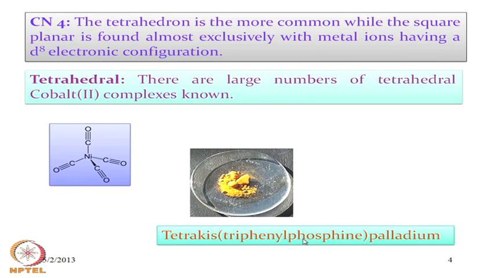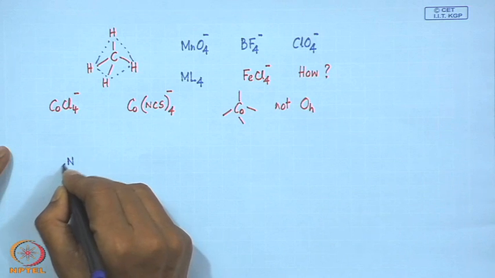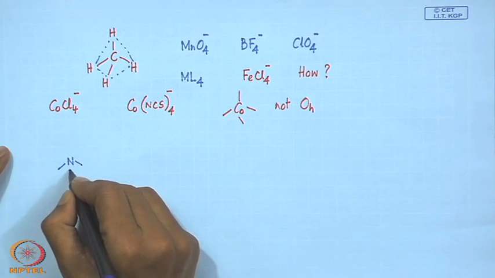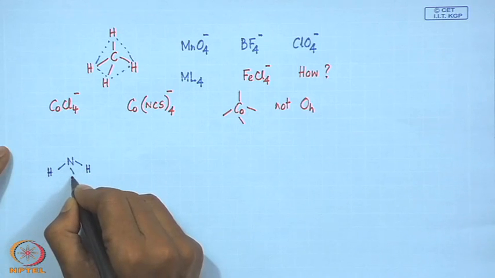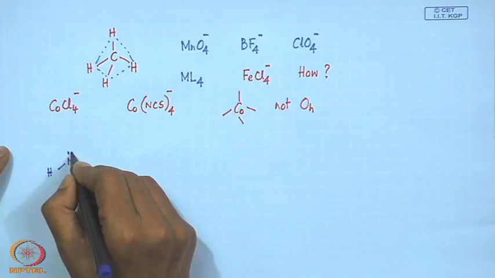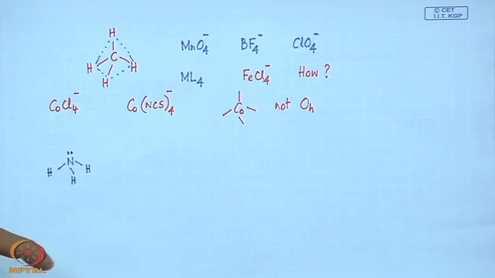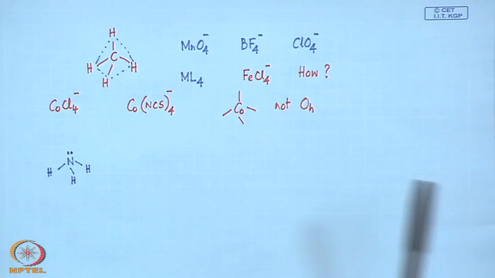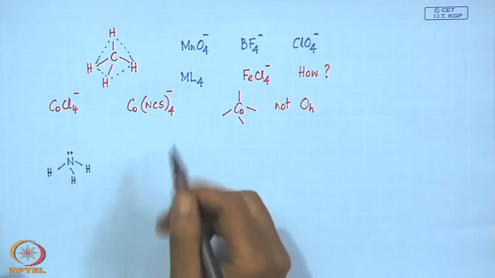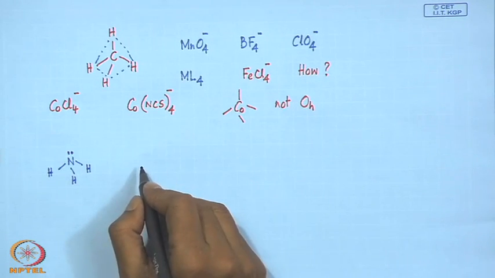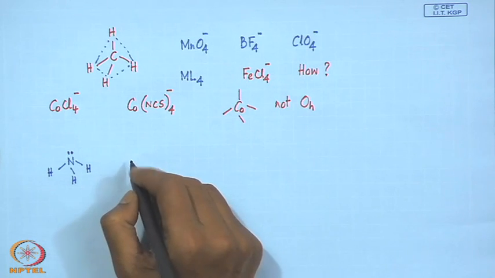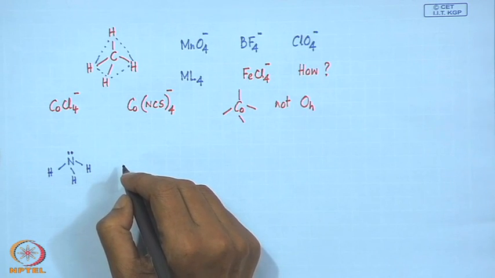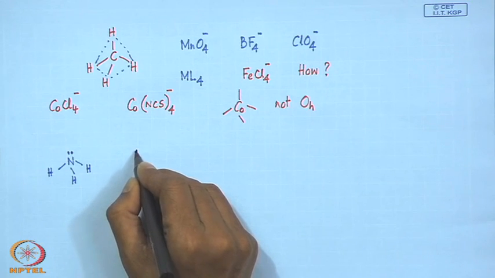So, like ammonia, we have the lone pair of electrons, and those lone pairs are useful to bind the metal centers, and we can have so many types of metal complexes like hexaammine, tetraammine and pentaammine complexes.